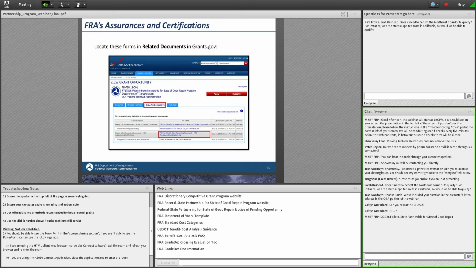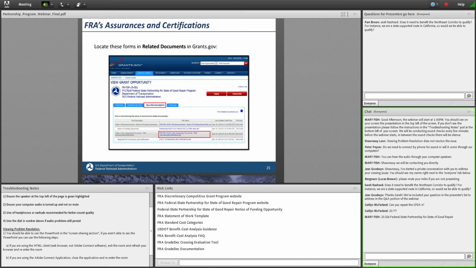So most of these forms, you'll see that there are electronic versions in your grants.gov workspace. One of the major exceptions is FRA's additional assurances and certifications. And we're working with grants.gov right now to get that on your grants.gov workspace. I'm not so sure we'll make it by March to get it in there.